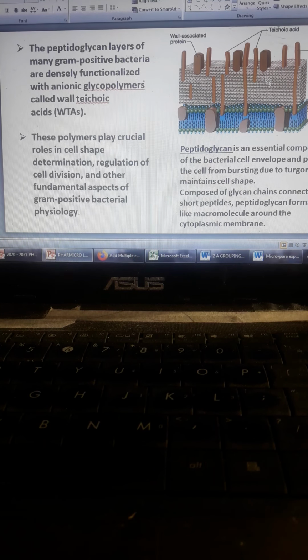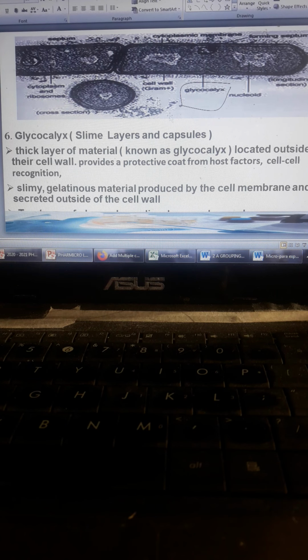If the bacteria tries to penetrate the cells, usually this is the protective mechanism. So this is the defense structure of the bacteria, the glycocalyx. It is a slimy, gelatinous material produced by the cell membrane and secreted outside. Usually the function of the glycocalyx generally is protection.